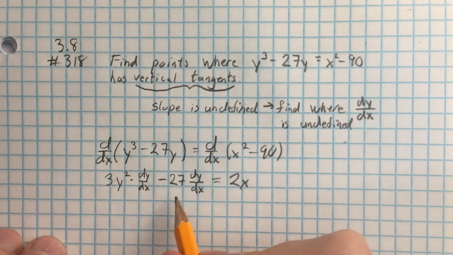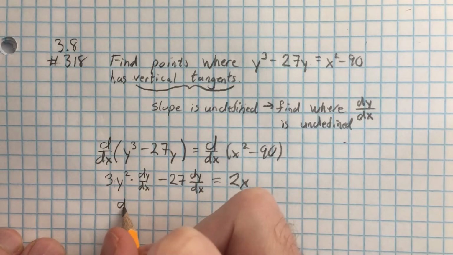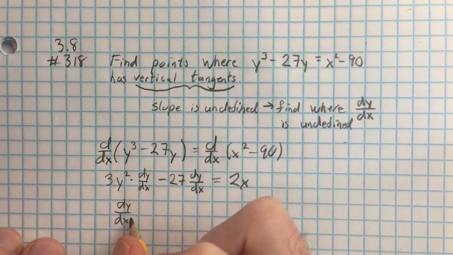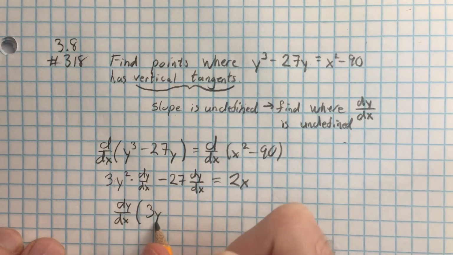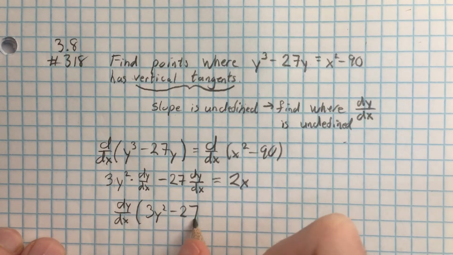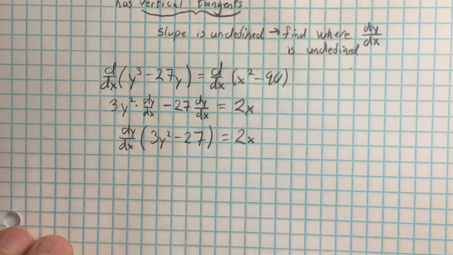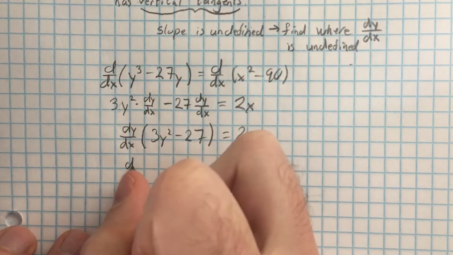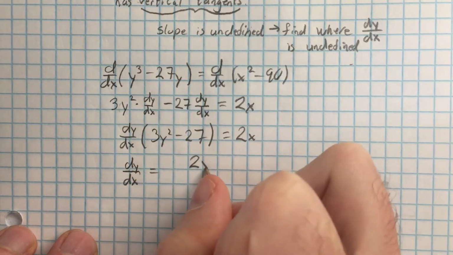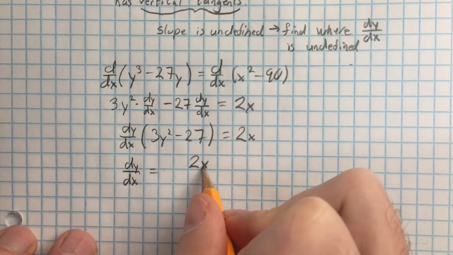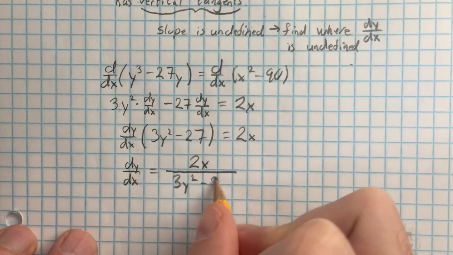All right, so there's our derivative equation. Now we just need to solve for dy dx. So these two terms, I can factor off dy dx. And we'll be left with 3y squared minus 27, it looks like, equals 2x. So now dividing off by the factor on the left, dy dx is shown to be, for this curve, it's always 2x over 3y squared minus 27.